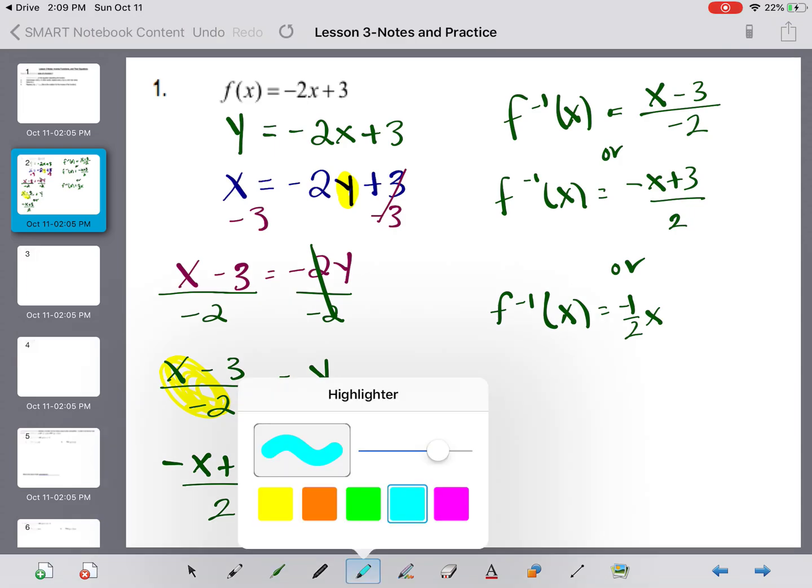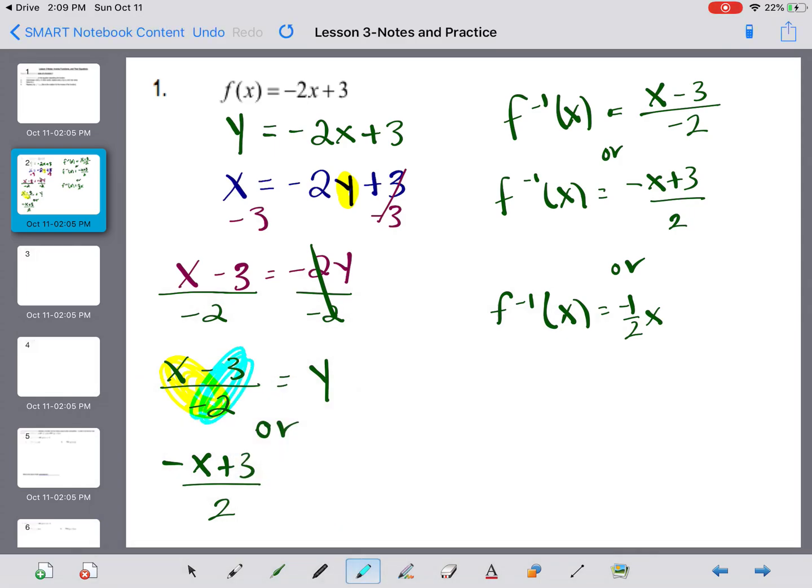And then when we divide here, negative 3 divided by negative 2 is just positive 3 over 2. Either one of these solutions is the correct way to write the final answer. So if you just want to write it like this and stop, totally fine. If you want to keep simplifying a little bit further, you can write it one of the other two ways.